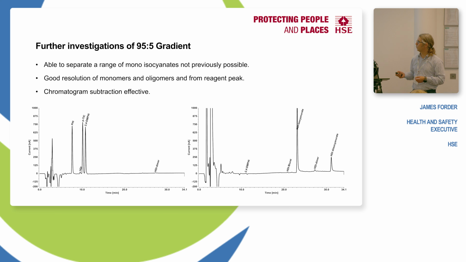So, good resolution of monomers and oligomers, a slightly shorter runtime, and more resolution. This is HDI that was inside the reagent peak up here before, and now it's eluting much later and is resolved from these two. This is something you couldn't do with the isocratic method, which you can now do with the gradient method.